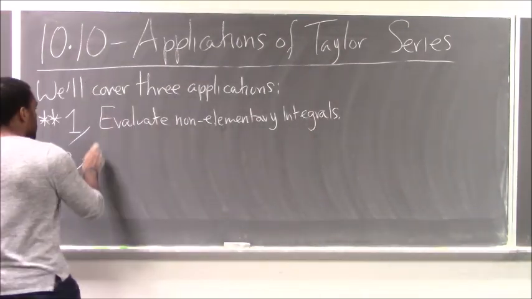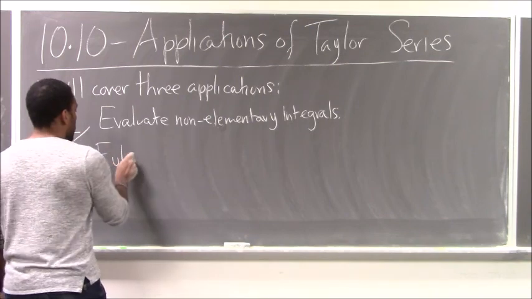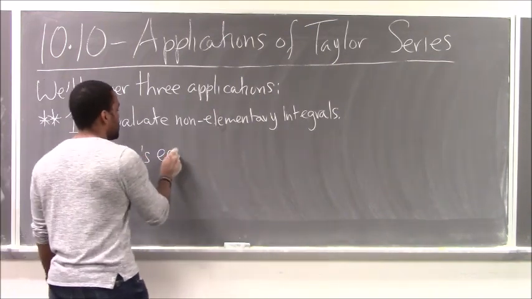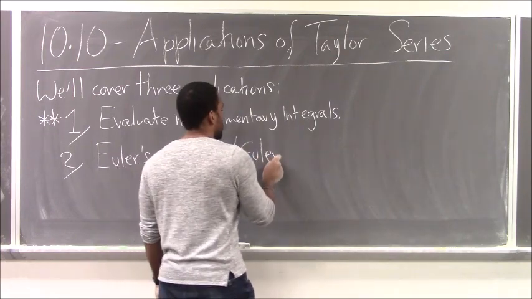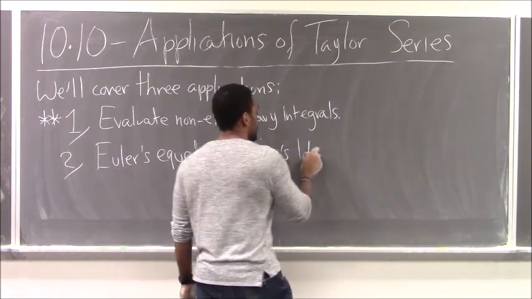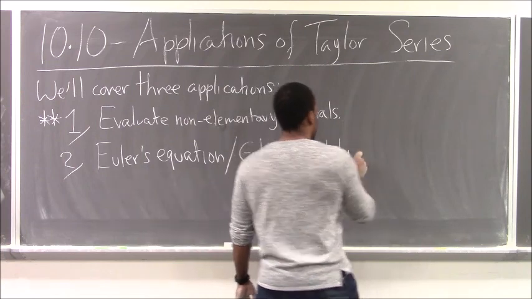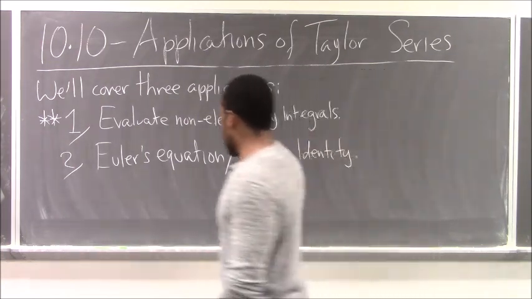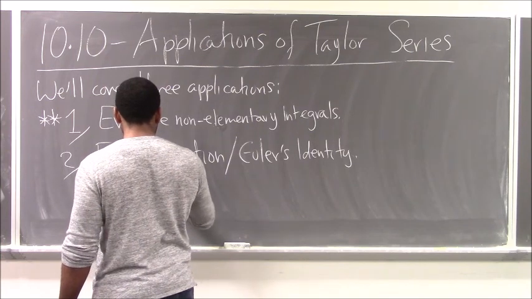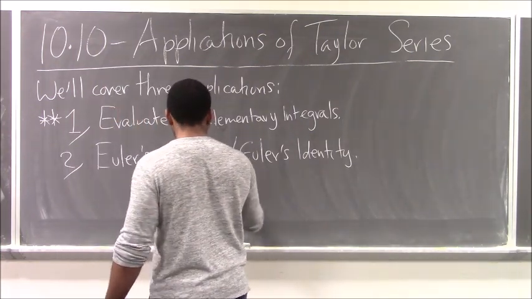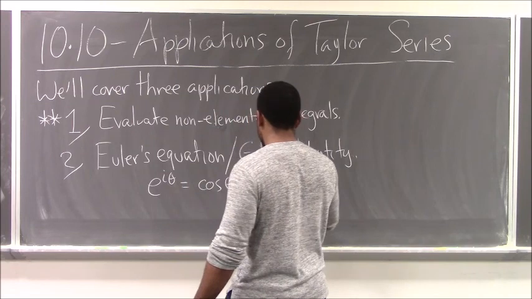So one is Euler's equation, which gives rise to Euler's identity. It's a specific equation that says the following: e to the i theta is equal to cosine theta plus i sine theta.